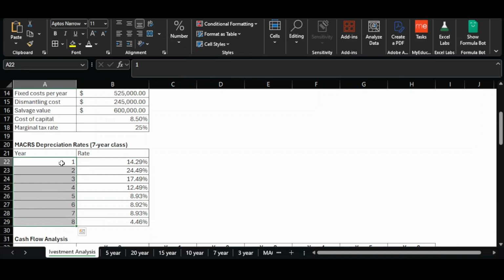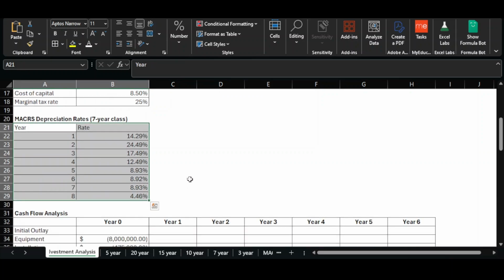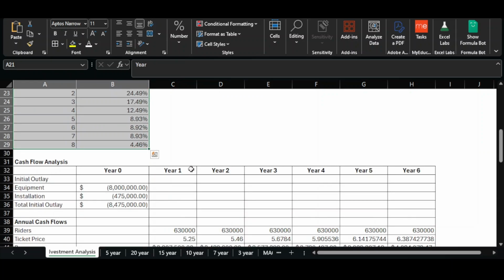So in year 1, the depreciation is 14.29% of the value of the asset. In the second year, 24.49, and so on. And this is a standard for a 7-year class for MACRS depreciation.